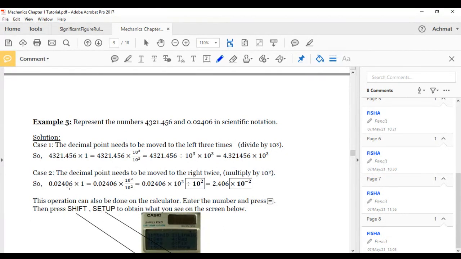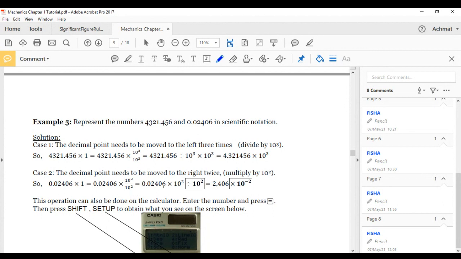So there you can see, times 1. I must multiply this by 10 to the 2. But because it's multiplied by 1, if you multiply by 10 to the 2, you also divide by 10 to the 2. So you multiply that in there to get 2.406.